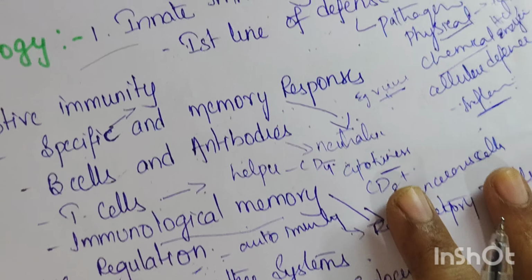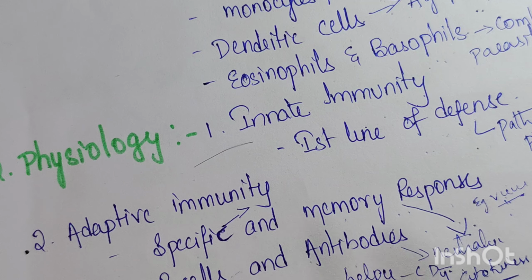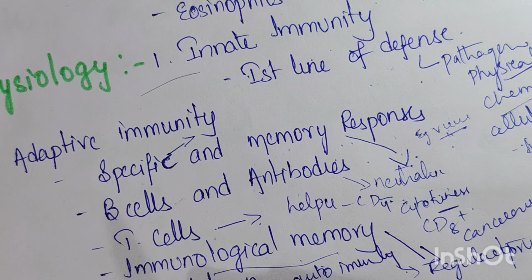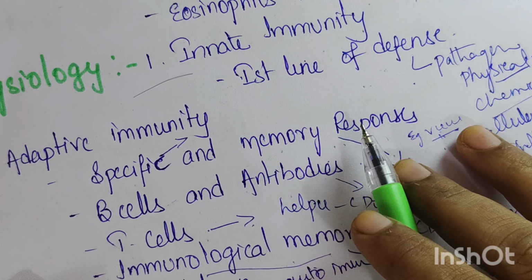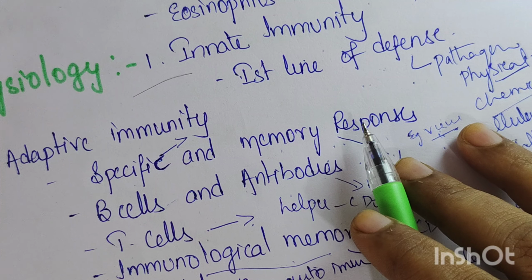So this is the brief introduction and explanation about the physiology of the immune system. The immune system is a highly intricate and dynamic network that protects the body from a vast array of threats. Its components must work in harmony to effectively defend against pathogens while avoiding harm to the body's own tissues.